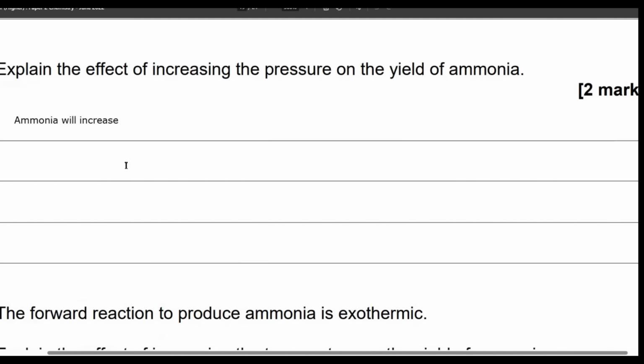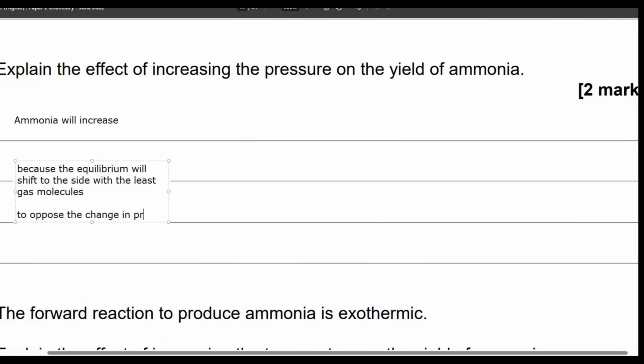We'll have more ammonia, and we'll say because the equilibrium will shift to the side with the fewest gas molecules. And this is because of Le Chatelier's principle, to oppose the change in pressure. In order to lower the pressure, to oppose the change, it will shift to the side with the fewest gas molecules. Bosh, right.